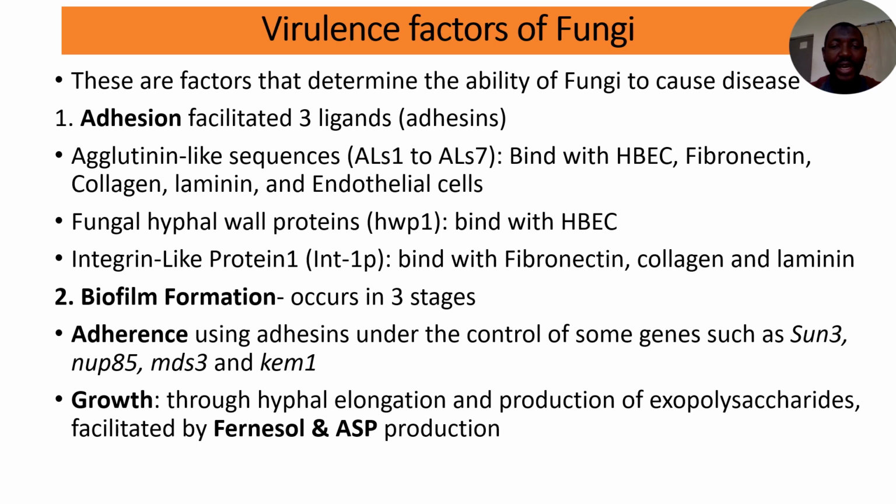Another important factor involved in the growth is aspartyl proteinases, SAP enzymes, which enhance more nutrient utilization and adherence by the fungi to the host cells. Usually, these proteinases break down proteins in the host cells to make more nutrients available to the fungi.